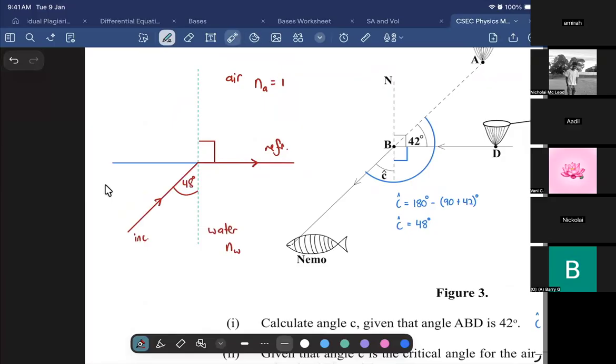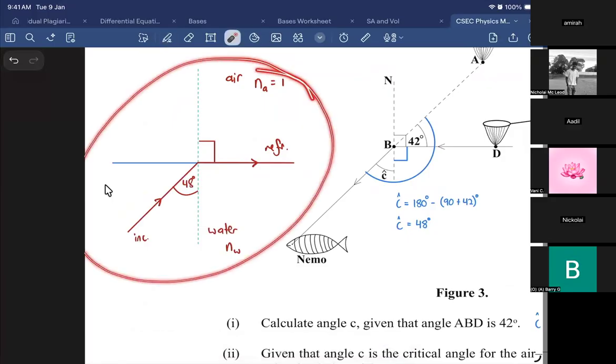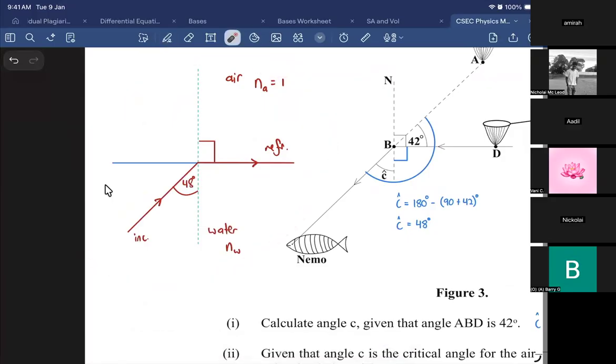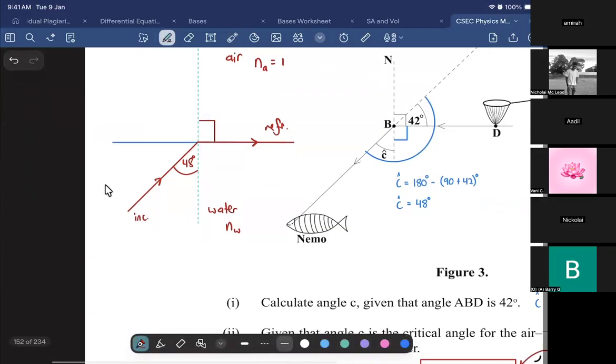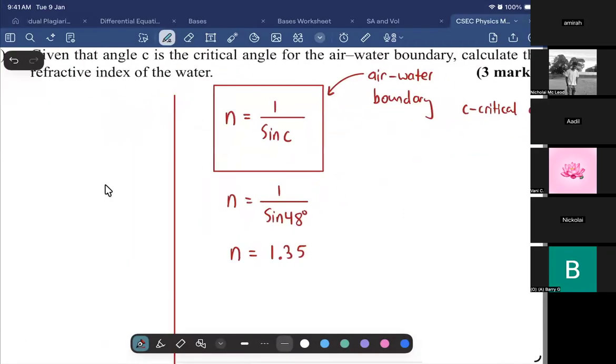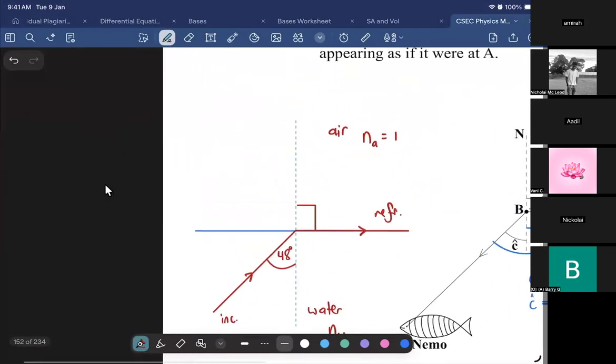But Vani, you understand the diagram or are you really confused? If you're confused at all, just tell me. No, I understand. Okay. So if you forget this formula, n is equal to 1 over sine c, what formula would you use?